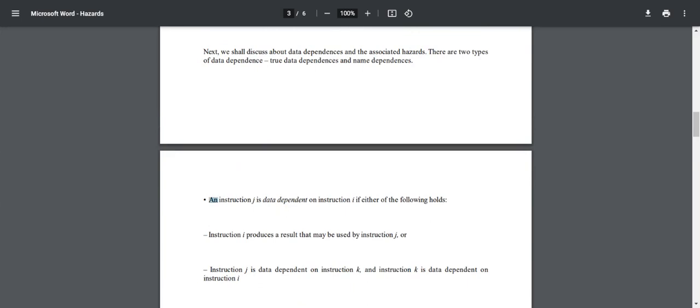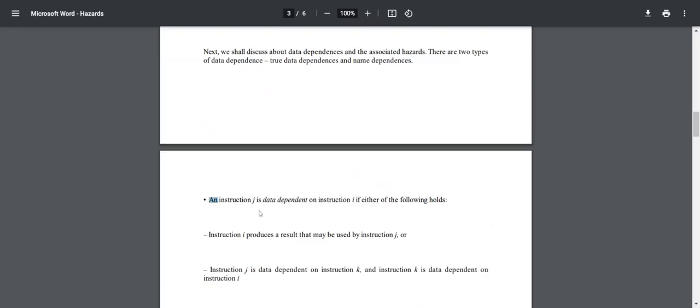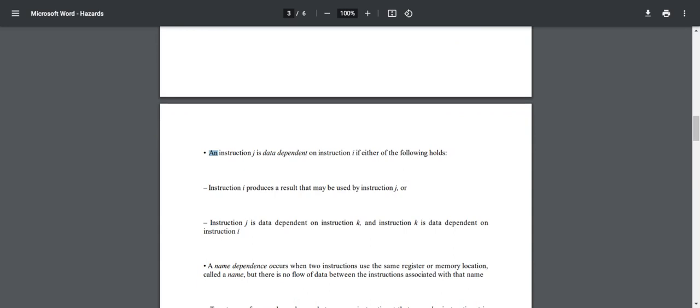Now, follow carefully. You have two instructions I and J, right? Now, instruction J is data dependent on instruction I when either of the following holds. Instruction I produces a result that may be used by instruction J, right?